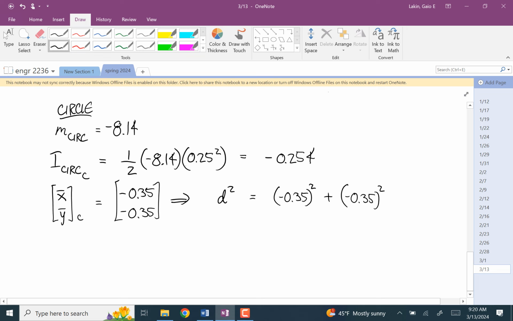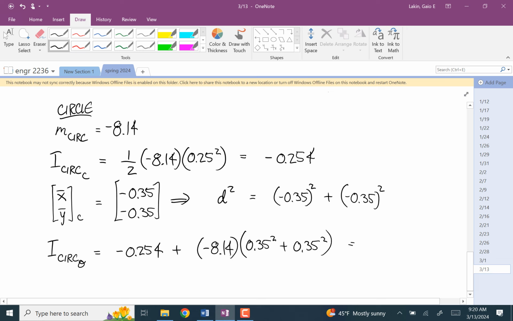Okay, and then the moment of inertia of the circle about the origin is negative 0.254 plus the mass of the circle times 0.35 squared plus 0.35 squared, and for this I get negative 2.25.